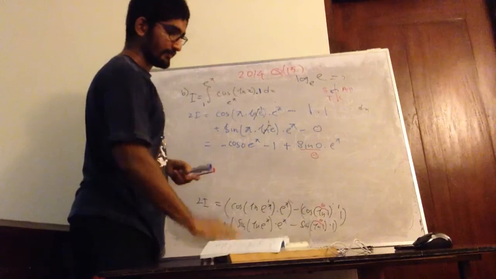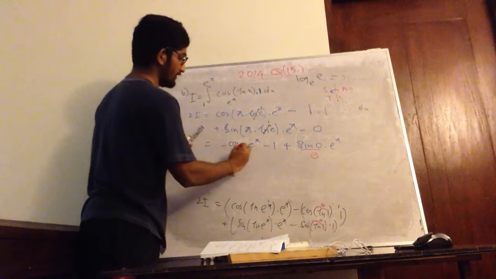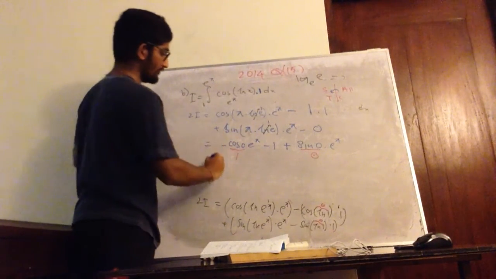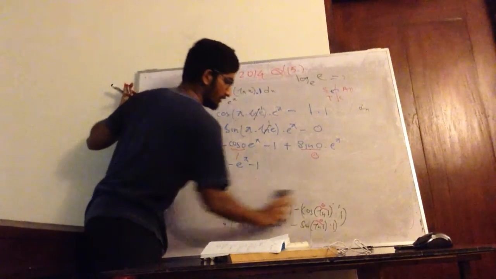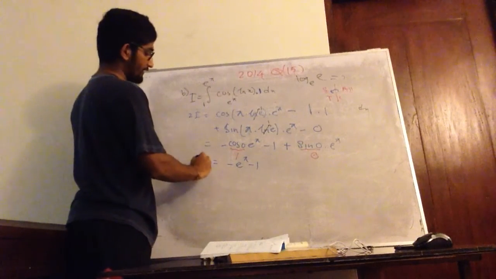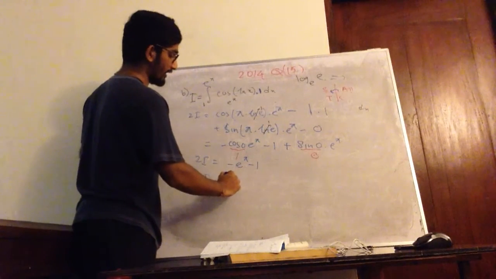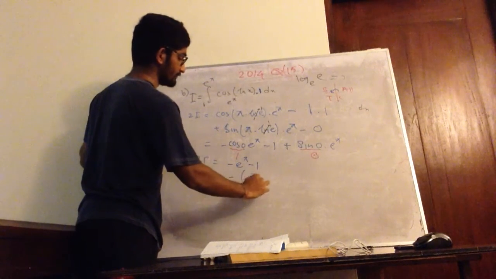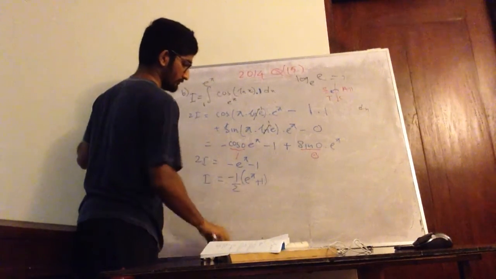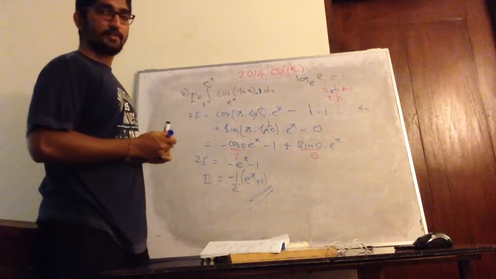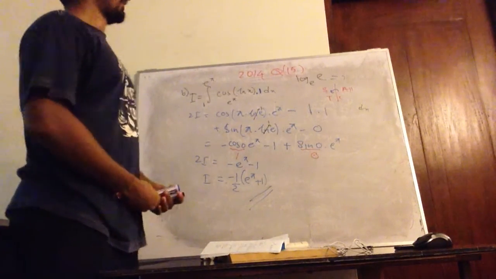Is it clear? Then this thing is going to be 1. So we will get minus e^π minus 1 as 2I. To get I, I'm going to take the minus out as well. You get this, and this is the answer they are expecting as well.